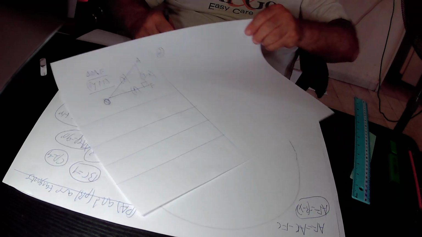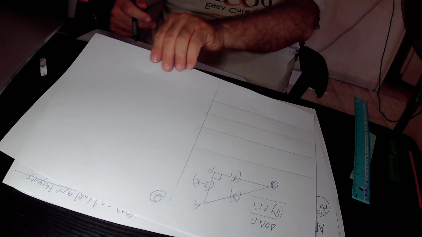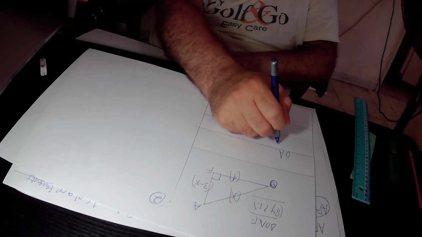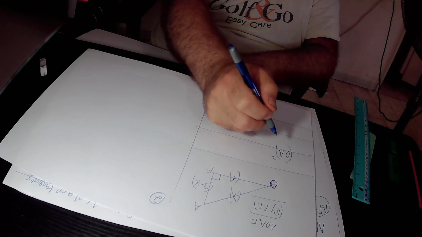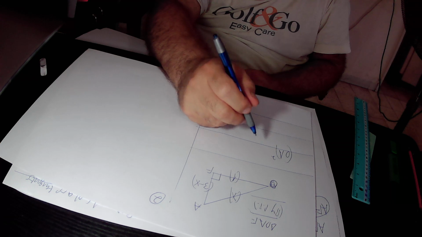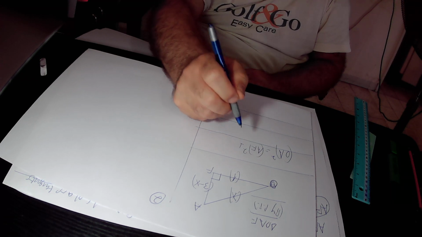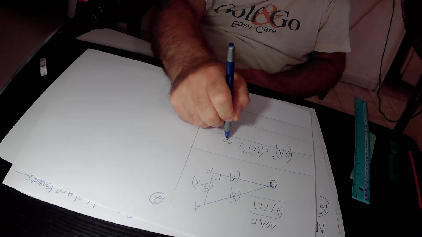So write it down. OA squared, that is the square of the hypotenuse, equals AF squared plus OF squared.